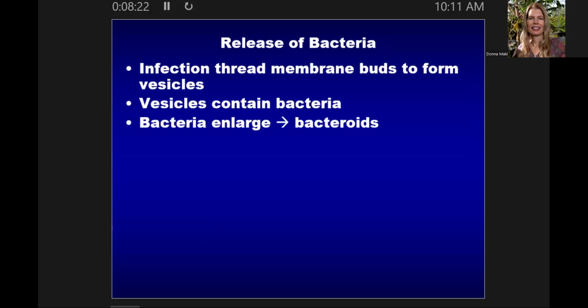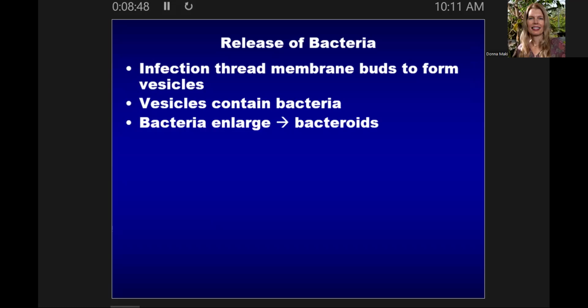And then what they see is a pretty dramatic shift in the bacteria. Once they get to their final destination in the root tissue, they start to enlarge dramatically. And when they do that, they start referring to them as bacteroids. So if you hear someone say, oh yeah, look at those bacteroids, they're looking under the microscope into the nodule and seeing these really big plump bacteria.